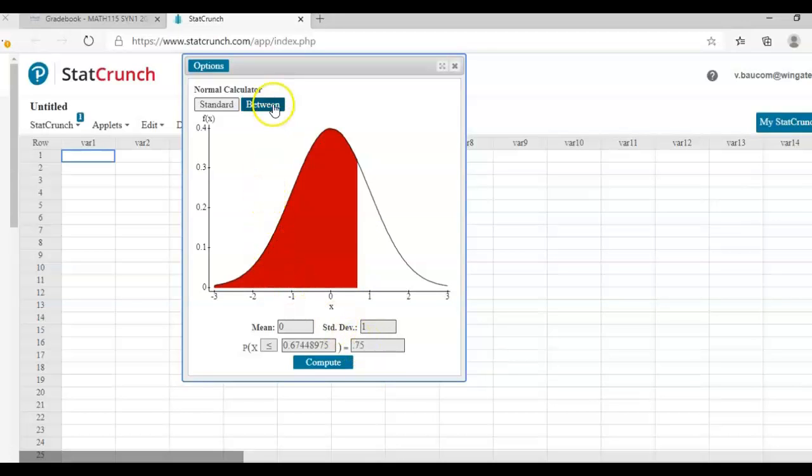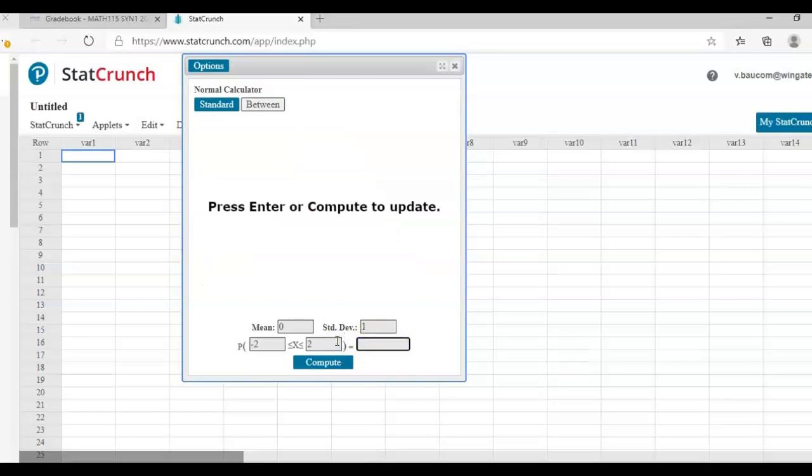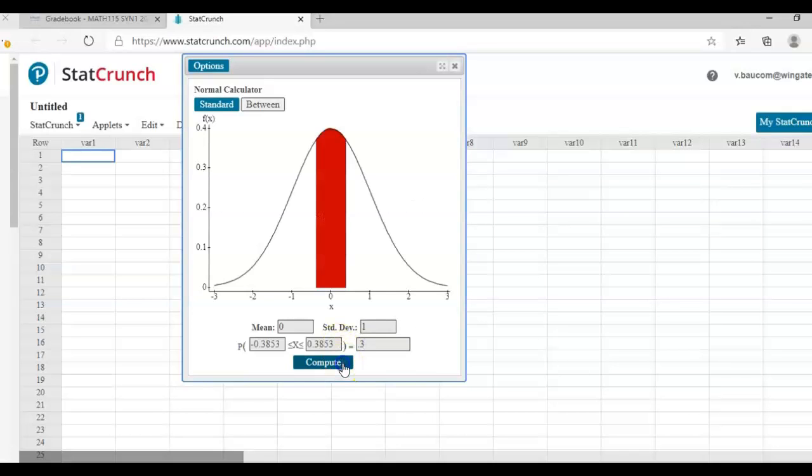And between, it's a little bit tricky there, but if you know that you want the probability between two symmetrical values to be 0.3 and compute, then it tells you the scores such that that would be the probability. So if you're interested, you can play around with that a little bit and get familiar with it.